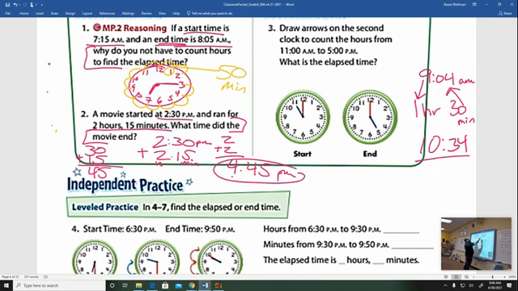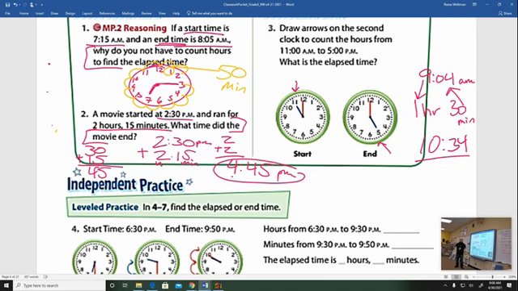So, let's look at this one. Draw arrows on the second clock to count the hours from 11 a.m. to 5 p.m. So this one is 11 a.m. right here. This one's 5 p.m. right here. So we're going to draw arrows on the second clock to count the hours.